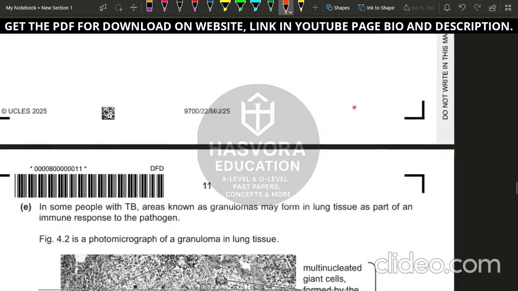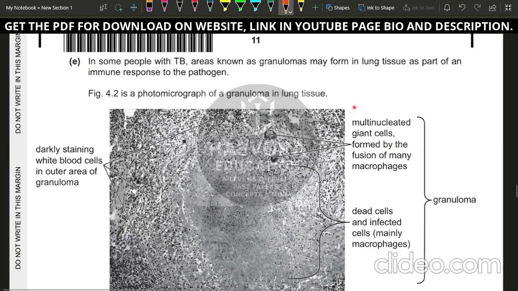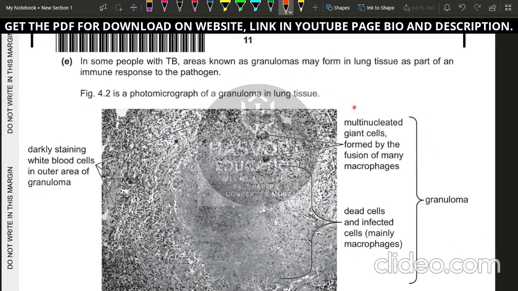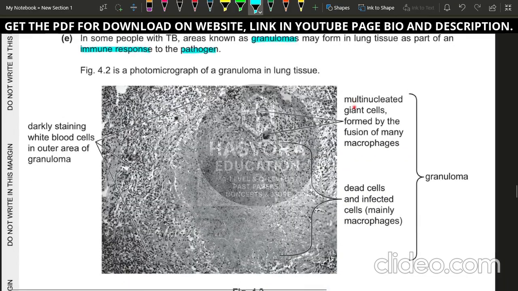Okay, so let's move on to part E. In some people with TB, areas known as granulomas may form in the lung tissue as part of the immune response. Keep in mind that this is your immune response to this pathogen, and the immune response forms granulomas. Let's see what granulomas are: multinucleated giant cells formed by the fusion of many macrophages.